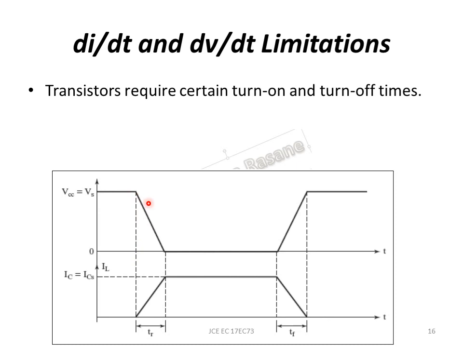There will be a slope based on the values of the reactances of these capacitors. As the voltage starts to come down, the current rises from 0 to a high value, and we call that TD plus TR for a transistor. Here they have taken off TD, so let's call this the rise time.